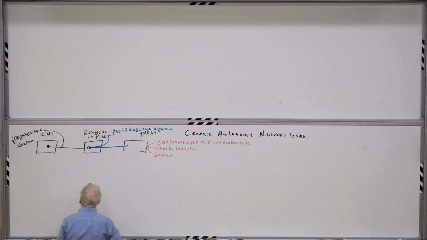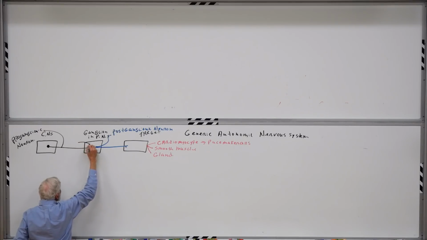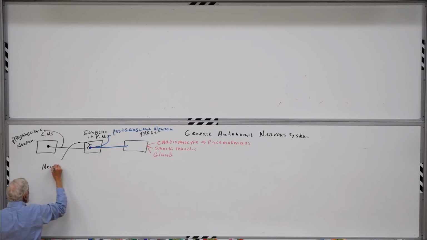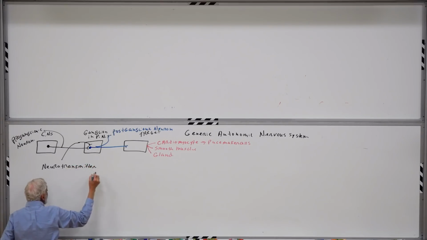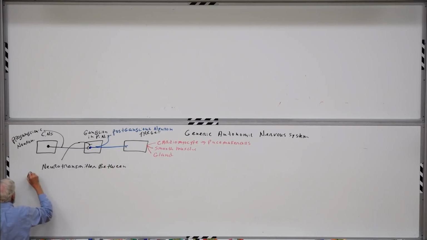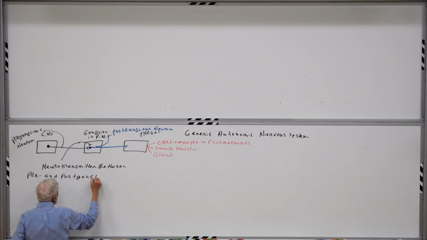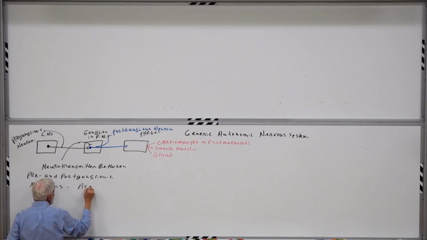So what else can we see that's in common? Well, the other thing that's in common here is going to be the neurotransmitter. The neurotransmitter between pre and post ganglionic neurons is always acetylcholine.